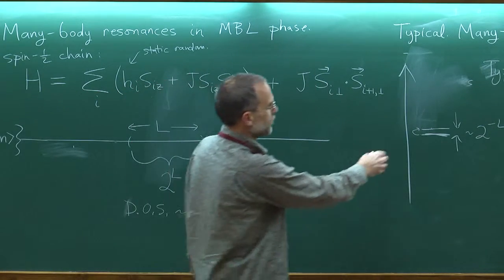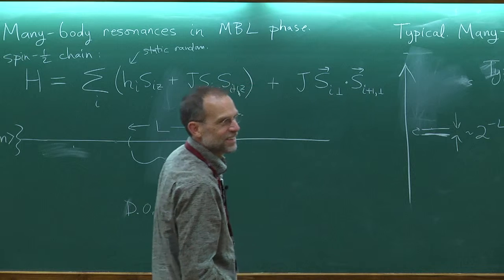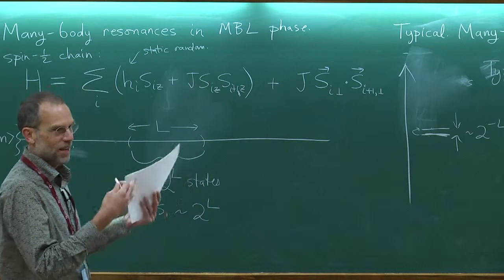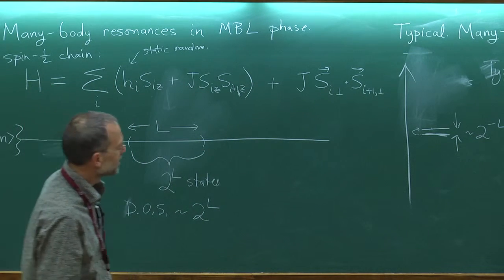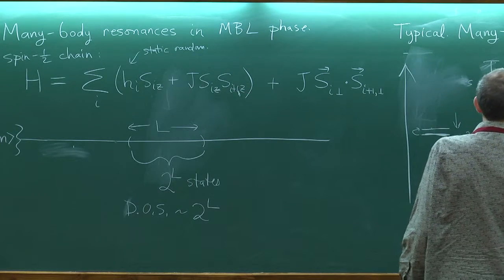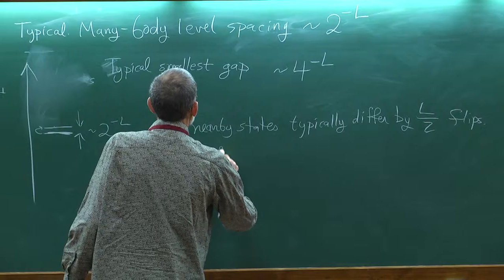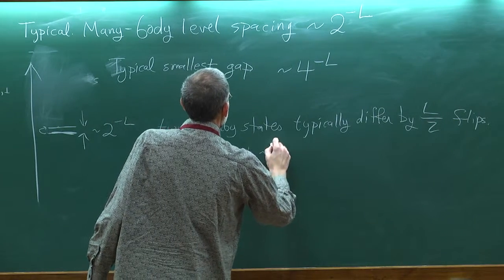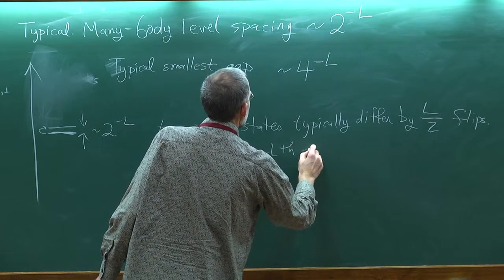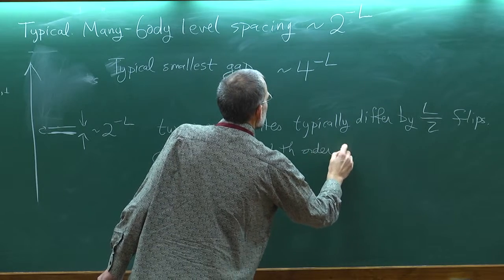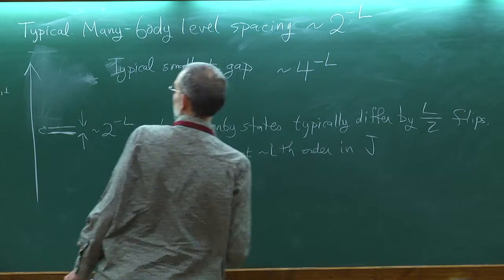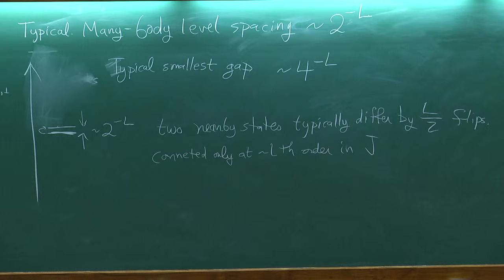I've got to flip of order L spins. So it's only going to show up at Lth order in perturbation theory. These are connected only at order Lth order in the coupling here, which flips the spins.